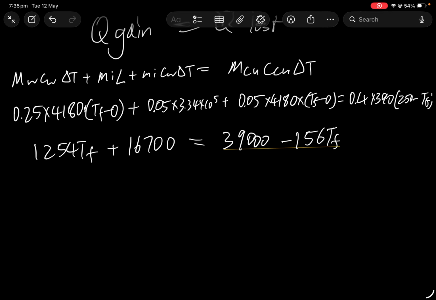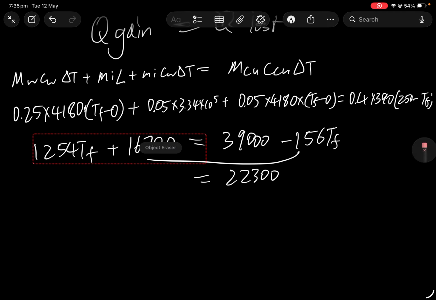Now just rearrange. It's good on either side, but I like keeping it positive. So I'm going to use 39000 take 16700. We get 22300, and we put that to that side, it will become positive.